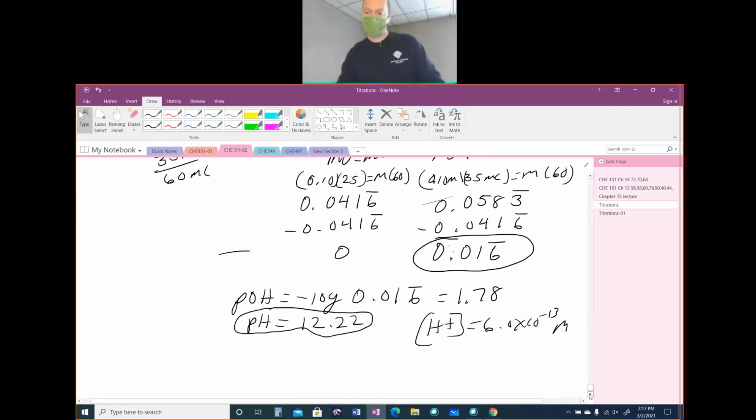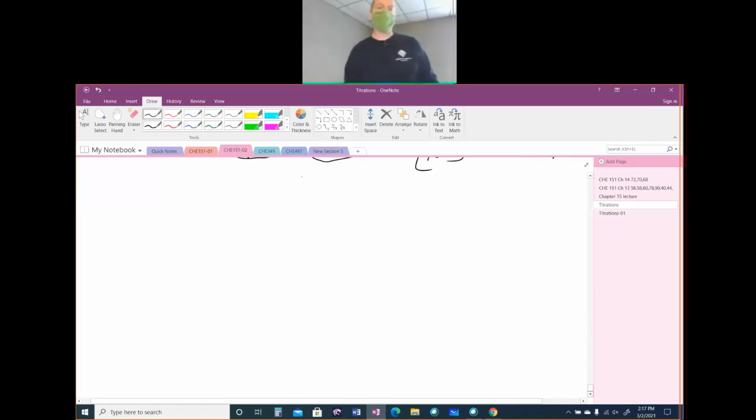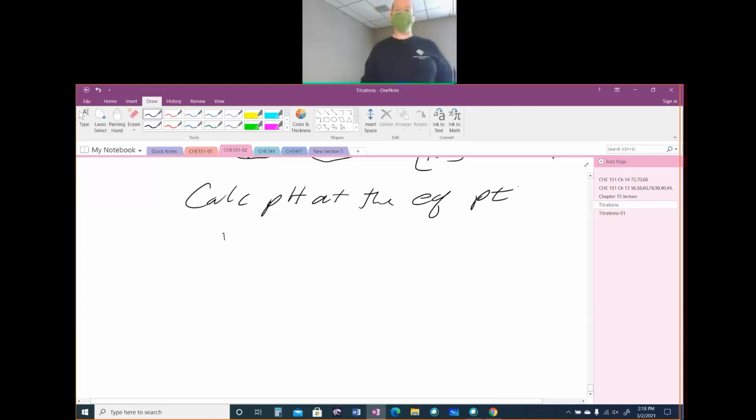Well, one more thing about this titration, which is a good, easy question to end on anyway. Calculate the pH at the equivalence point. All right, so normally that's a hard question, but when you have your H plus and your OH minus at the equivalence point, that means that these two numbers are the same.